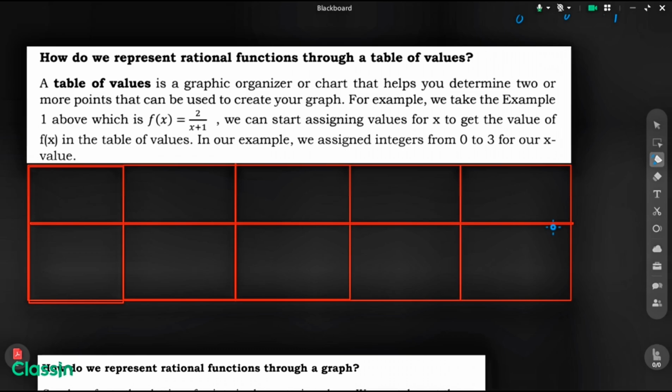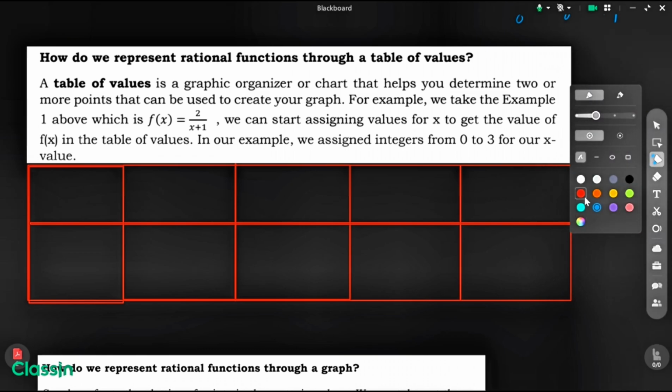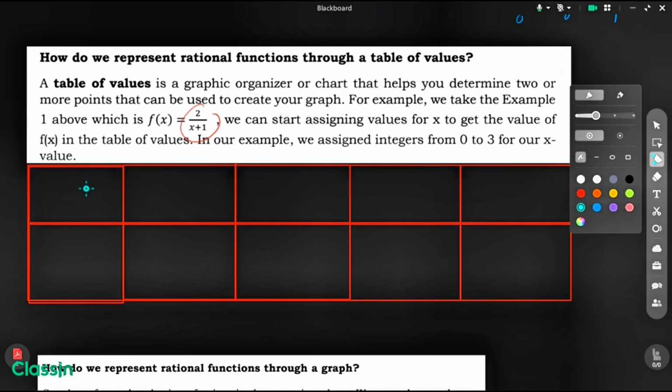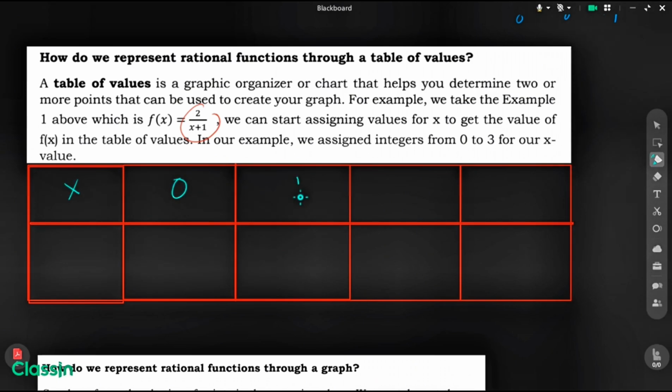So let's take example number 1, which is 2 over x plus 1. In this example, we are going to use 0, 1, 2, 3 as our x, as our domain. And for our range, or f of x or y, we are going to use f of x equal to 2 over x plus 1.